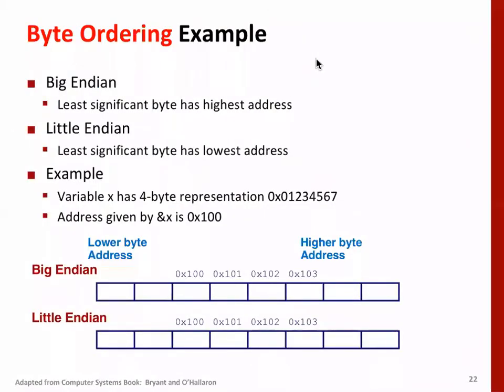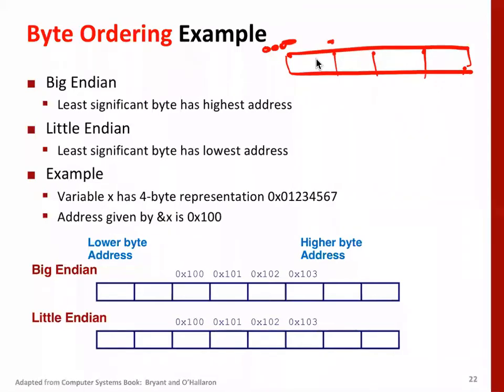All right. So similarly, within a word, we have seen that a word is 4 bytes. Let's assume that memory is byte addressable, so starting from 0000, this is 0001, and so on.